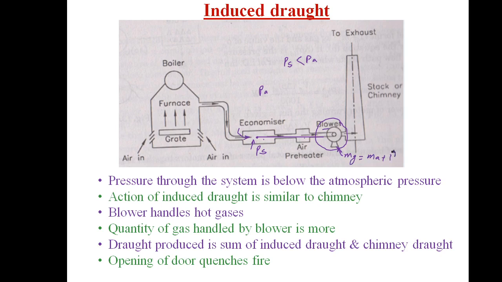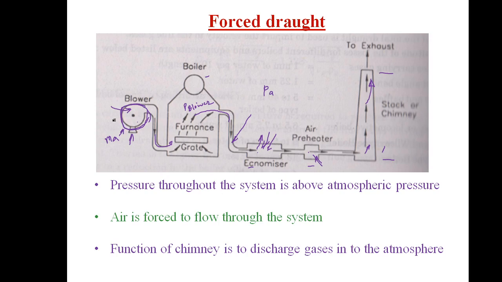So a large quantity of gases has to be handled by the blower in induced draught, and this blower has to sustain high gas temperature, whereas in the previous case the blower works at ambient air temperature.